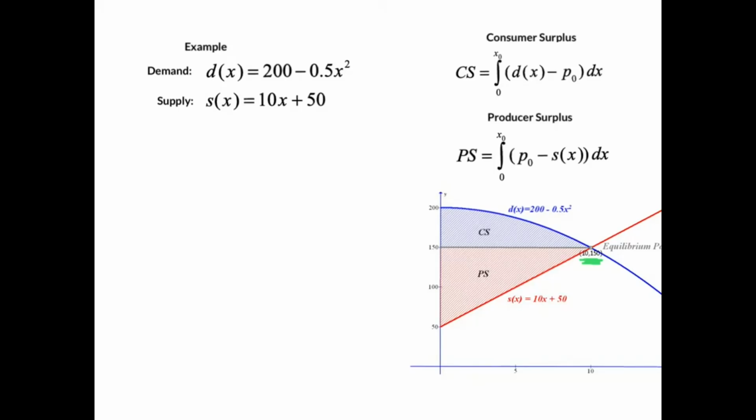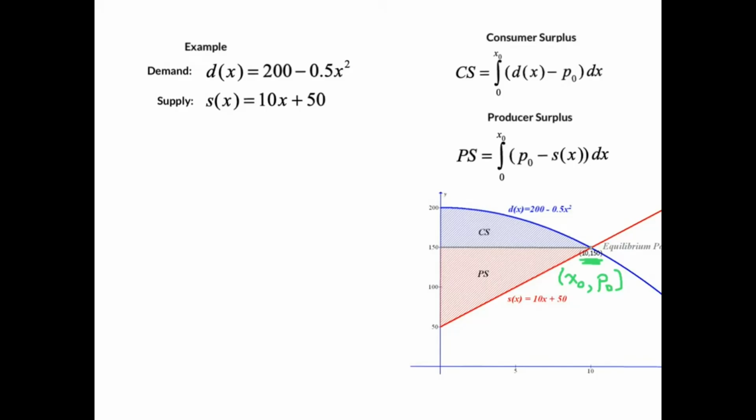But the positive solution to that quadratic is 10, and then you plug that in and we get our market price, or equilibrium price, of 150. And in our definitions here, we call this equilibrium point x sub 0, p sub 0. So if everything stays the same, this is going to determine how much of our product, 10 units sold per unit of time, and at a market price of $150.